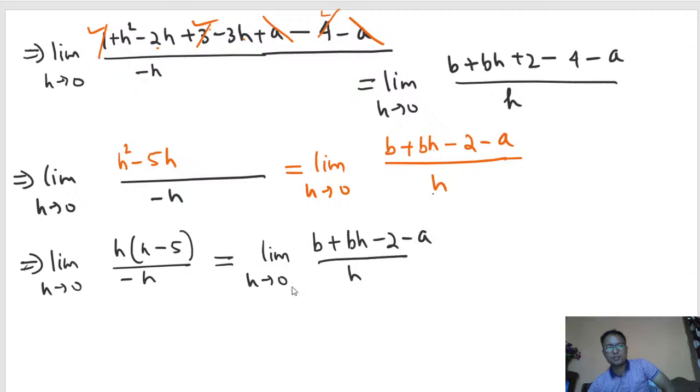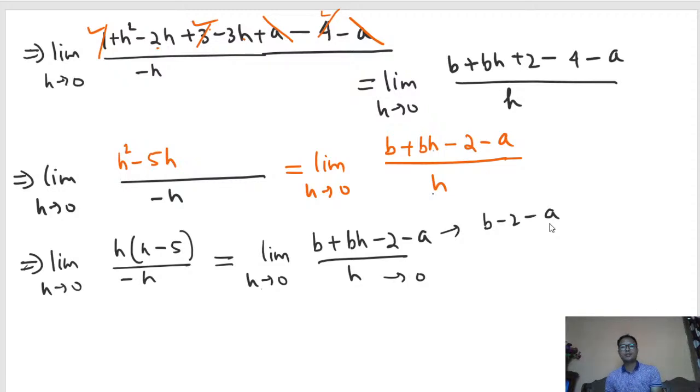We will have some problem here, right? If you put the value here, we get b minus 2 minus a divided by h. Now try that, we will face some problem.